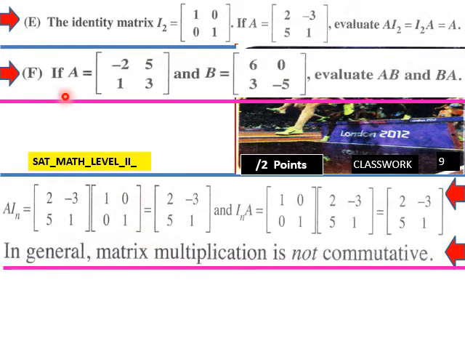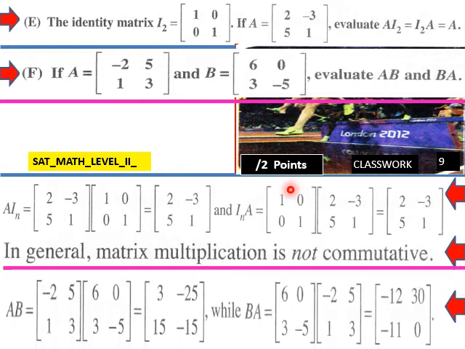So let's try one. If A equals -2, 5, 1, and 3, and B equals 6, 0, 3, and -5, evaluate AB and BA. So AB here, now when we do this, -2 times 6 is -12. 5 times 3 would be 15. -12 plus 15 is 3.